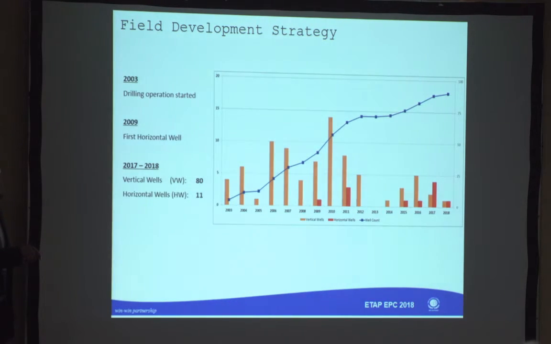They had a break in 2013 to evaluate what they had, and whether they had to change their strategy or keep the vertical wells. From 2016-17 to 2018, they put a plan to drill up to 30 wells, including up to 10 horizontal wells. So the strategy from 2016 up to now is to drill more horizontal wells that essentially contribute to the production and increase the production for this field.